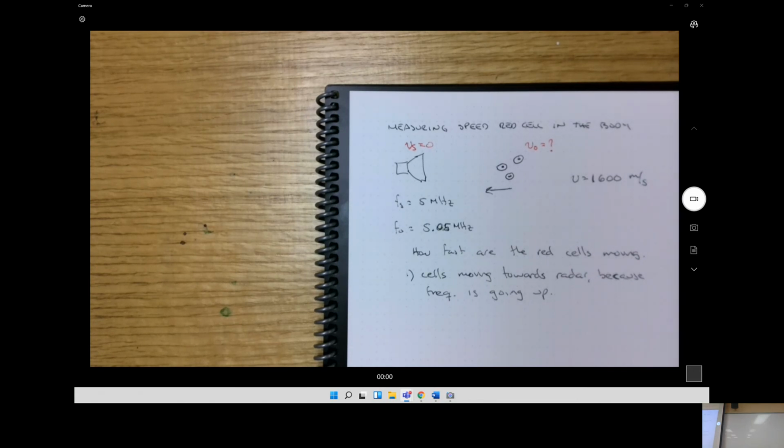Try to keep track of what is your source and what is your observer, especially when it goes back.